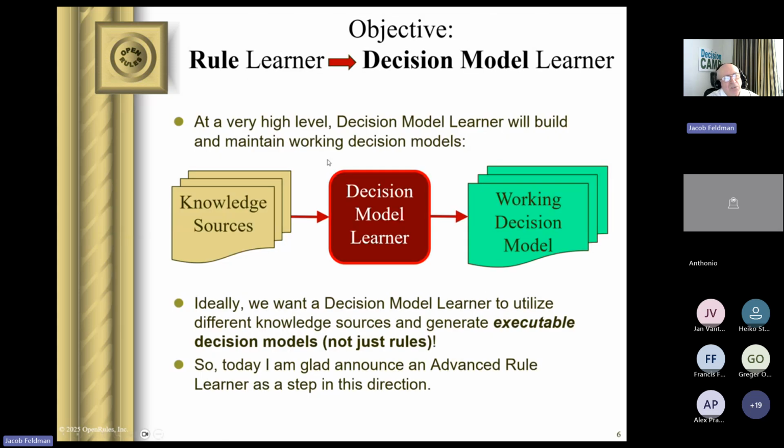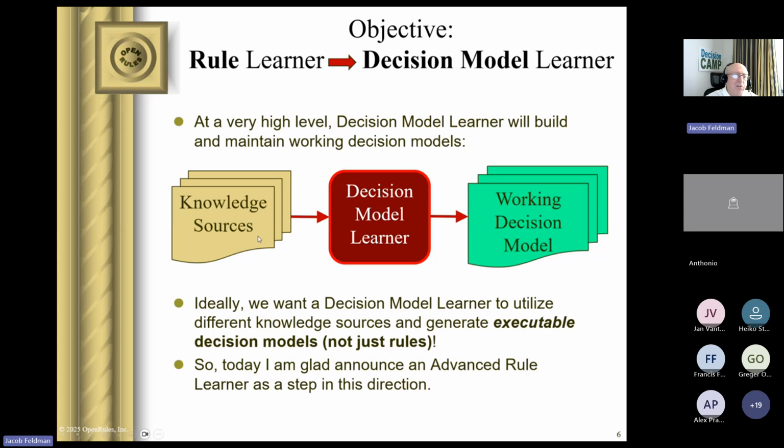And we started to think that maybe we should go from RuleOwner to DecisionModelOwner. Our objective is to build such decision models that can take different knowledge sources, including samples, but maybe also a description of the problem in natural language, or everything that was just discussed by, for example, Gregor or Pierre before.